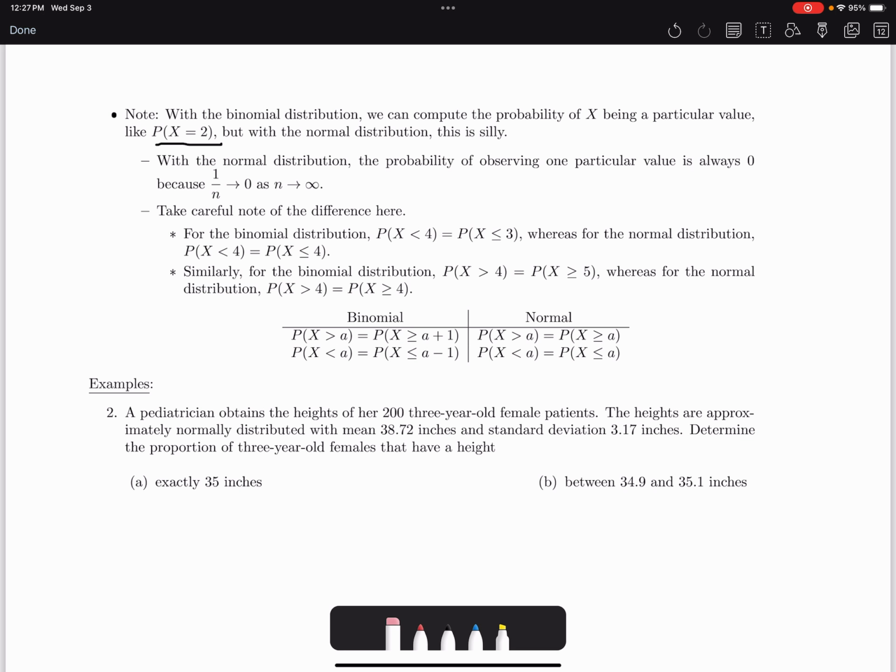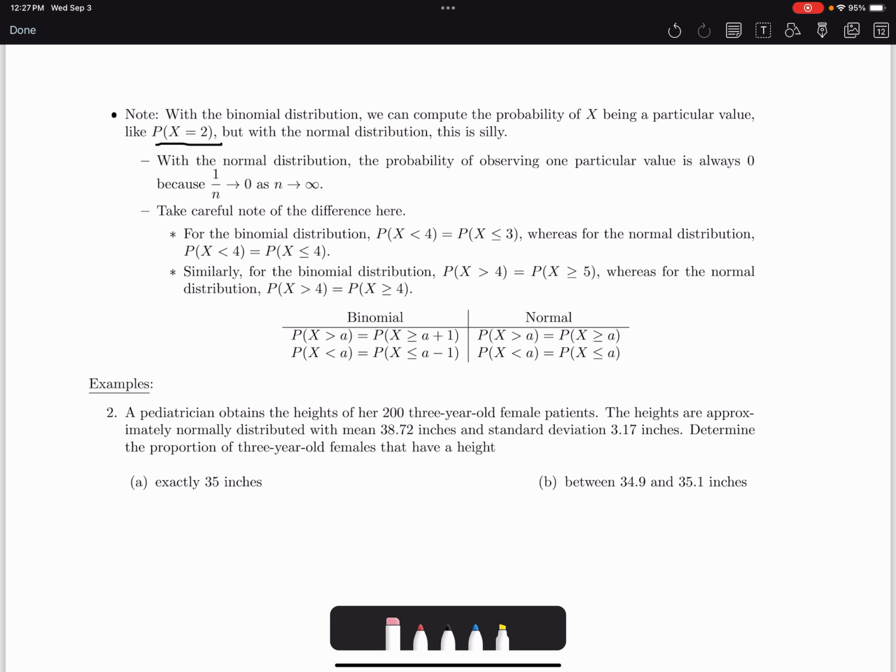So the chance that somebody is exactly 63 inches is 0, because probably they're actually 62.9997 inches, or maybe they're 63.0154 inches or something like that, right? So the probability that they're exactly 63 is 0. But the probability that they're between 62.5 and 63.5, now that would actually have a non-zero answer, okay?